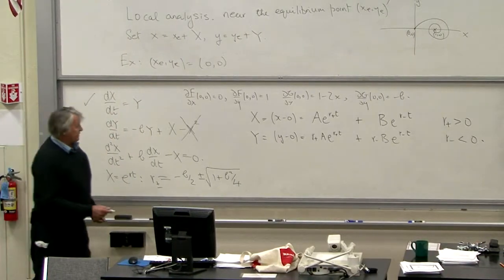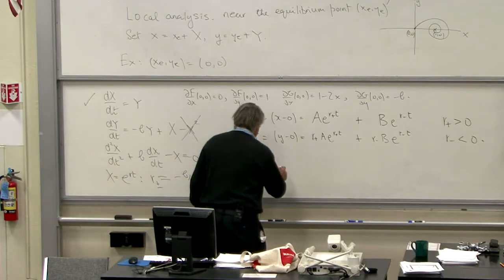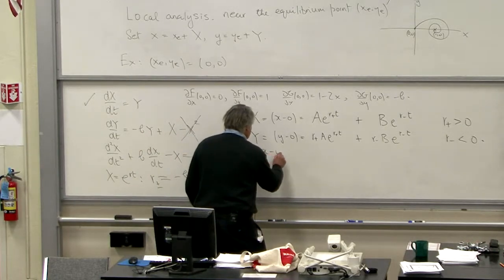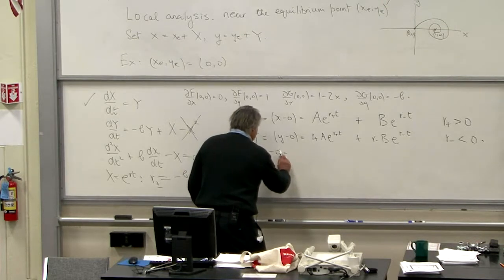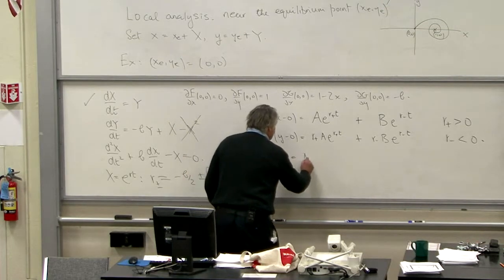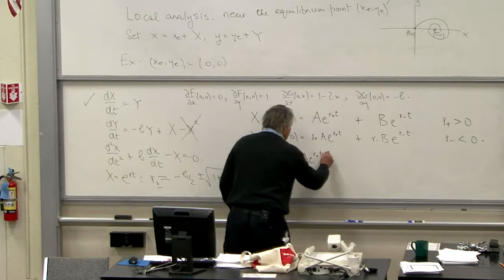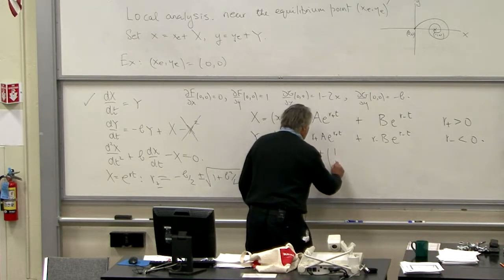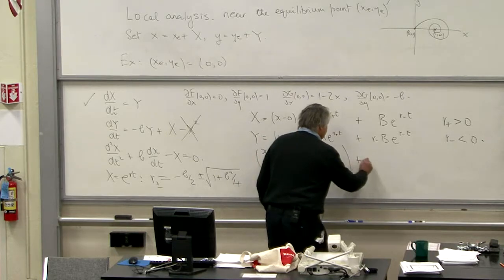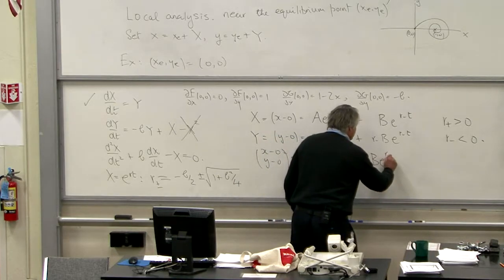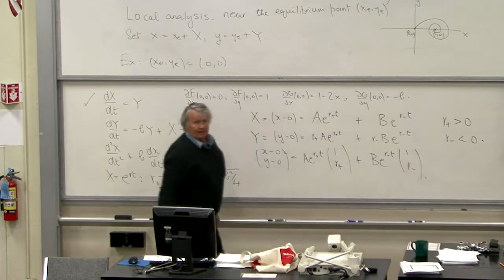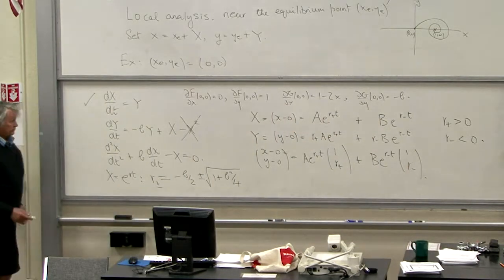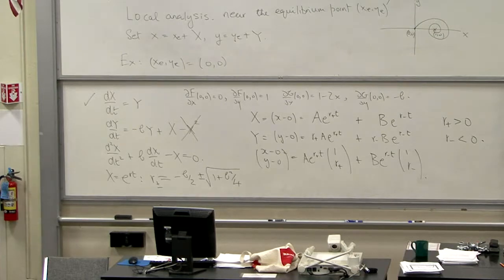Now I'll write this in a slightly different way. I have x minus 0 and y minus 0, this sort of vector, is a e to the r plus t times (1, r plus), plus b e to the r minus t times (1, r minus). Okay?